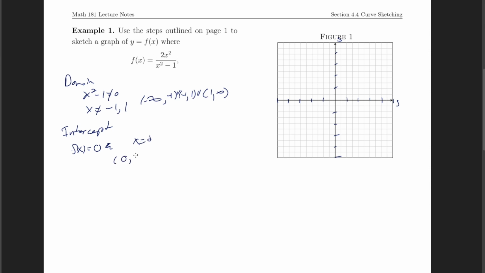So we have 0, 0. And the same thing is true if we plug in 0, f of 0 is 0. So this is the only intercept we care about, right here at this point. We know we have two lines not in the domain, and these become asymptotic lines, so we're going to deal with those right now. Let's go ahead and draw those in. So that's at negative 1 and 1.